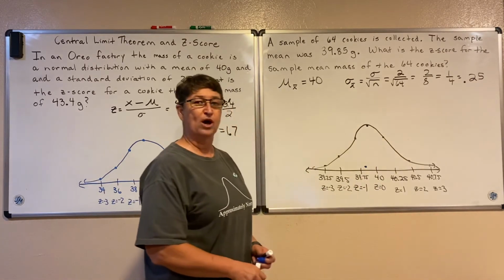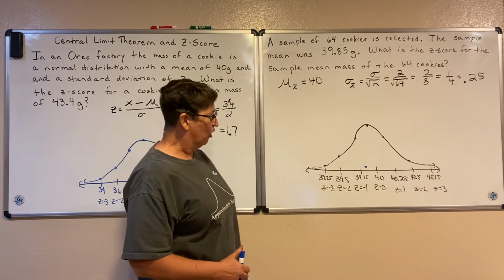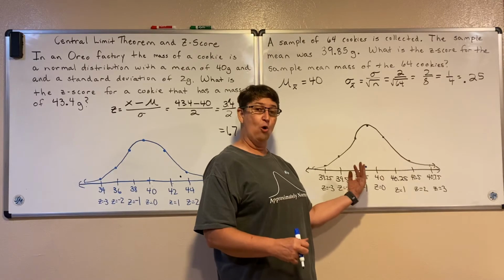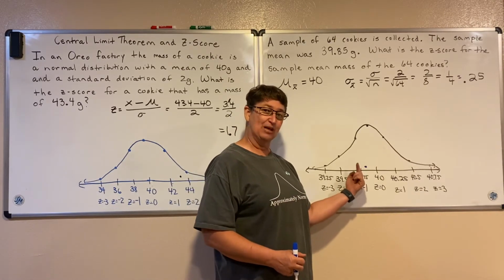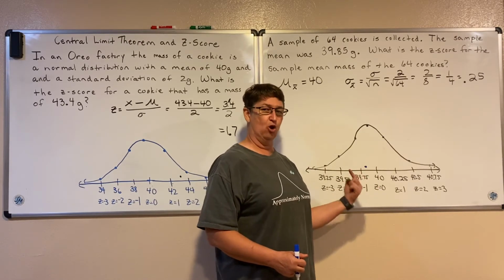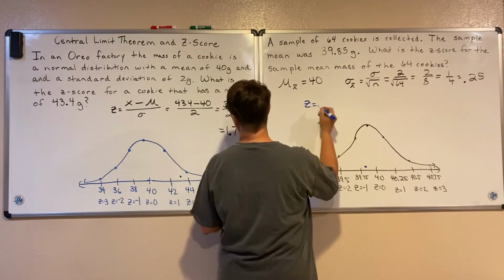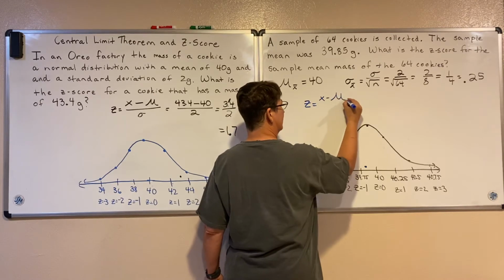And I want to know what is that z-score. Well, we can tell already that that z-score is going to be negative because it's below average. And that z-score should be less than 1 in size because it's not even 1 standard deviation below the mean. I'm going to use that same formula I used over here where I have x minus the mean.